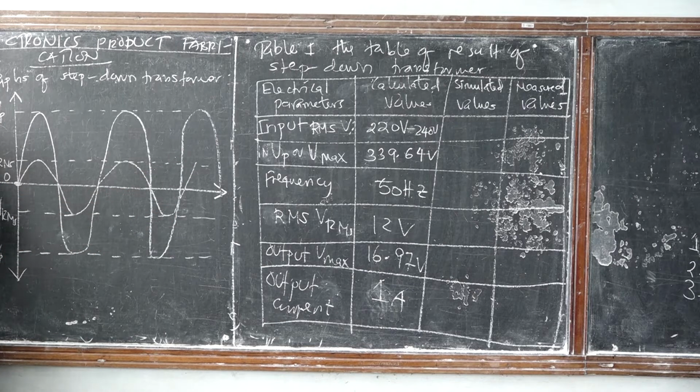So this is out, positive. This is out, negative root mean square voltage.